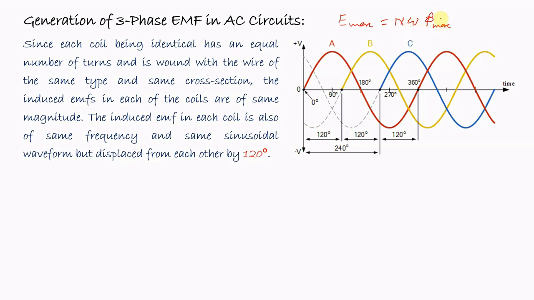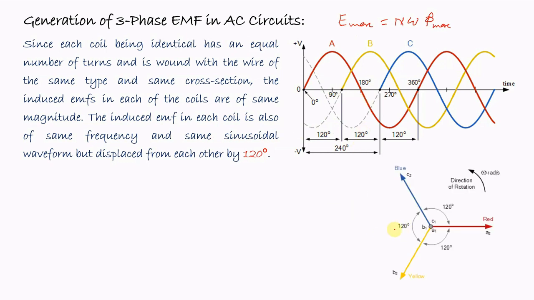And the coils are placed in a common magnetic field. So the phi max is also same for each of the coils. Therefore, the magnitude of the maximum EMF that would be induced in each coil will also be same. But as the positions of the three coils are 120 degree apart from each other, the phase difference between the voltages will also be 120 degree.